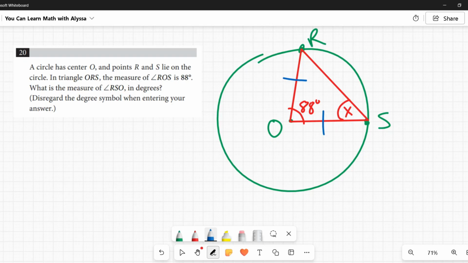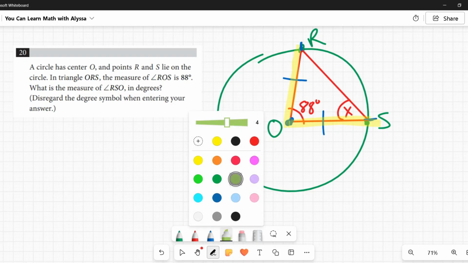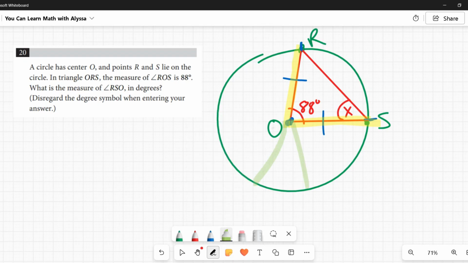I know they're the same because this is the center and these 2 points are on the circle, which means OR and OS are both radii of a circle. And whichever direction I go around the circle, the radius is always the same length. So those 2 are the same.